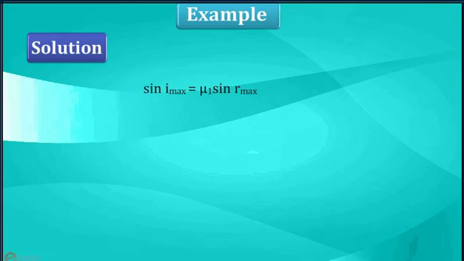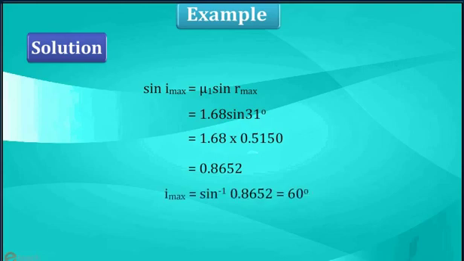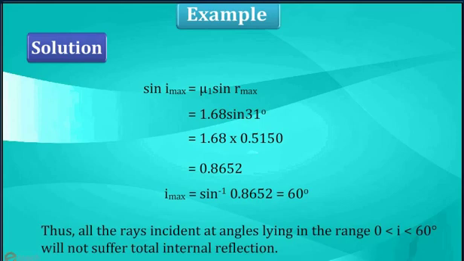Sin I max equals mu1 sin R max, which equals 1.68 into sin of 31 degree, which equals 0.8652. Therefore, I maximum equals sin inverse 0.8652, which is approximately equal to 60 degree. Thus, all the rays incident at angles lying in the range 0 to 60 degree will suffer total internal reflection.